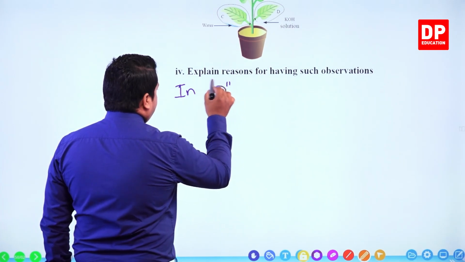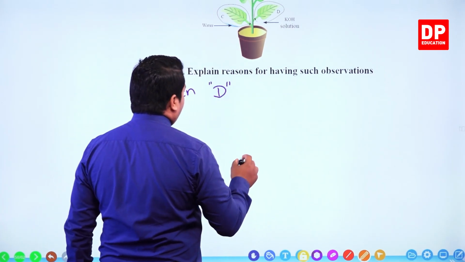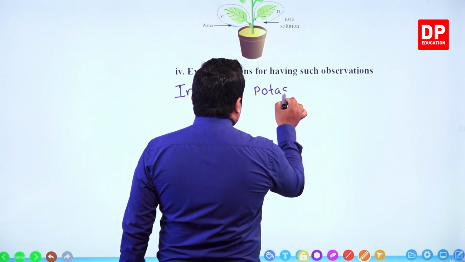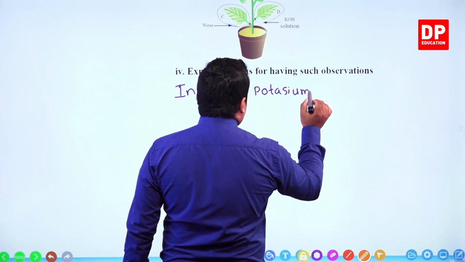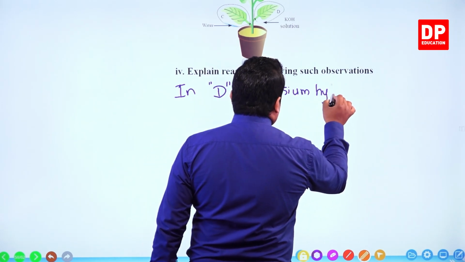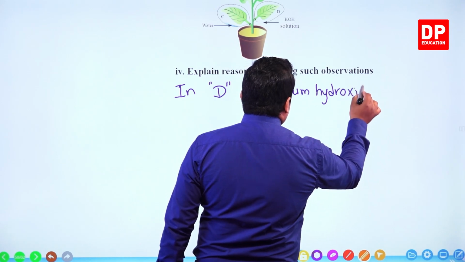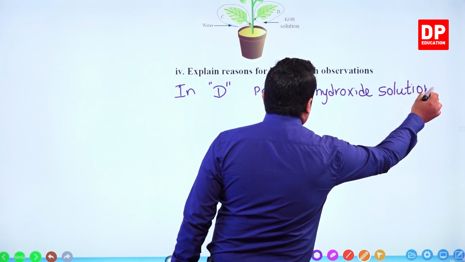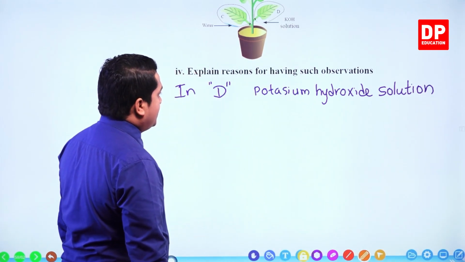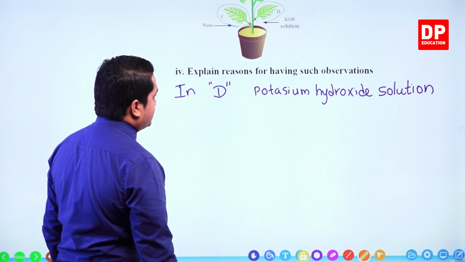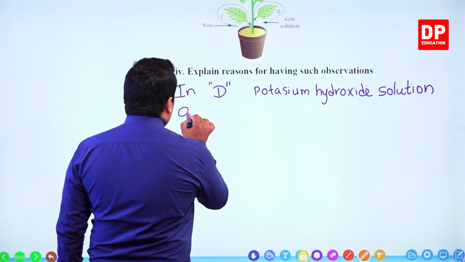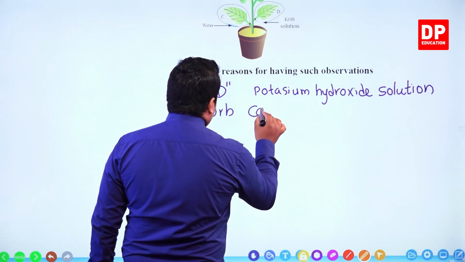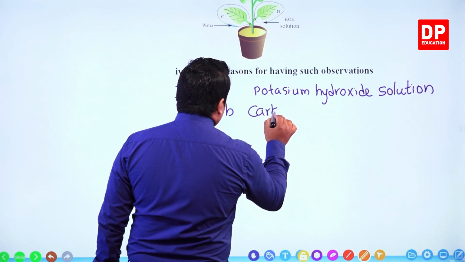In D, potassium hydroxide solution absorbs carbon dioxide gas.